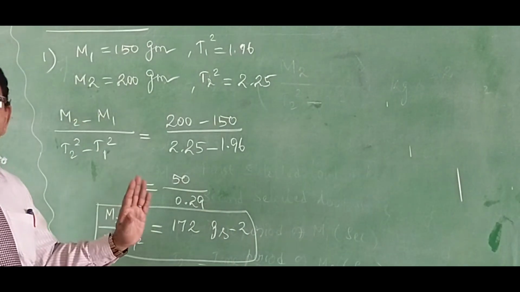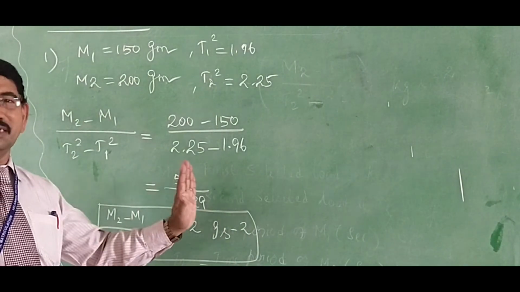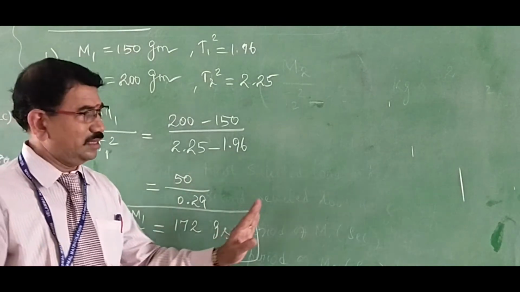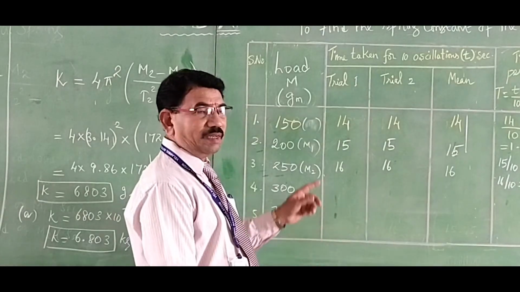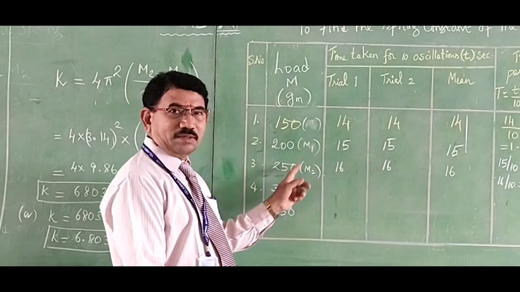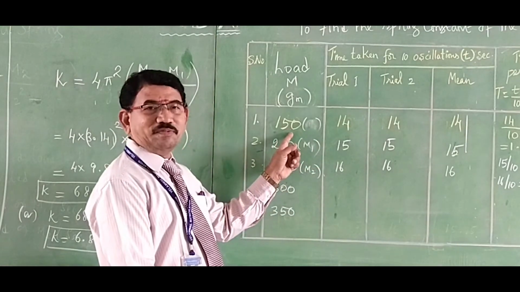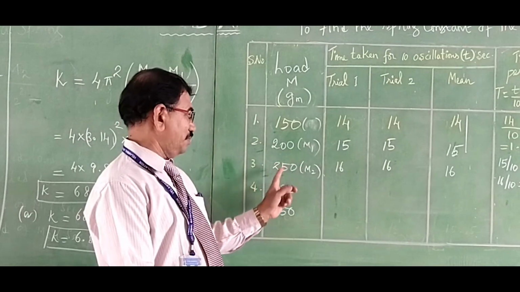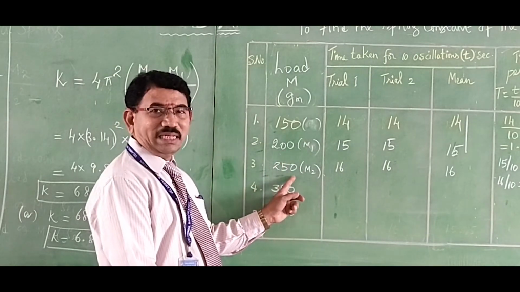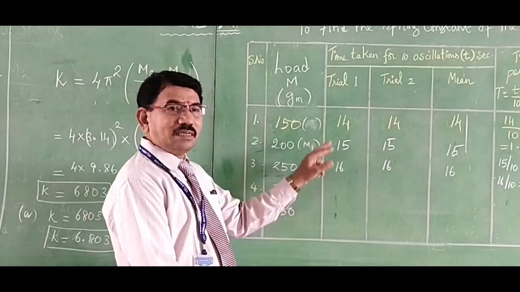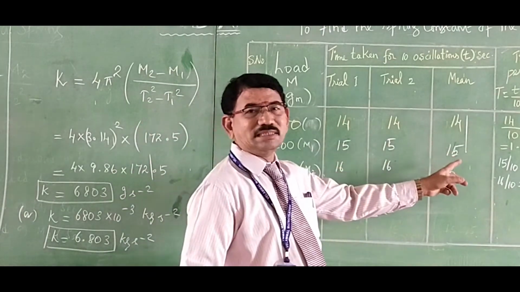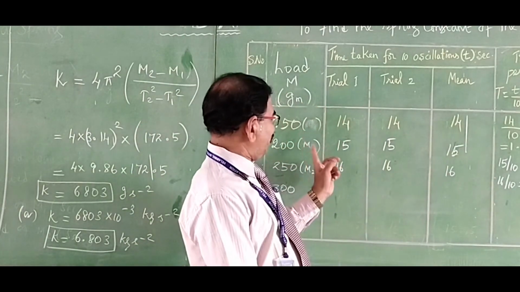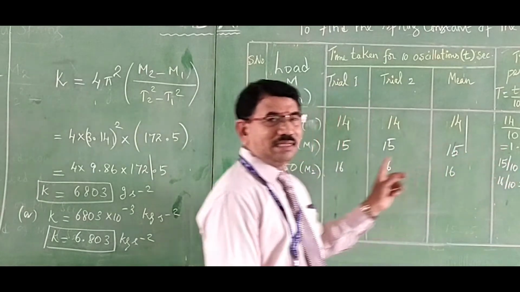Now we are going to continue for the rest of the calculation steps also. So we have taken three trials in total. First trial I started with 150 gram, second trial with 200 gram, and third with 250 gram. For the first two I have shown the calculation already. Now see the next one.